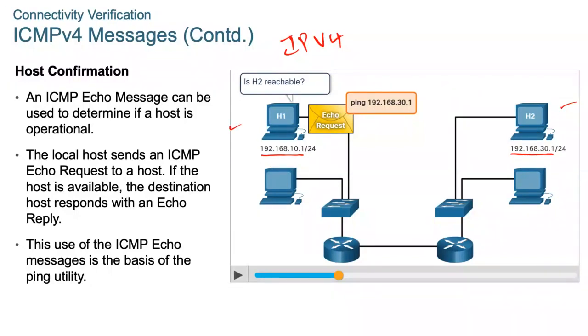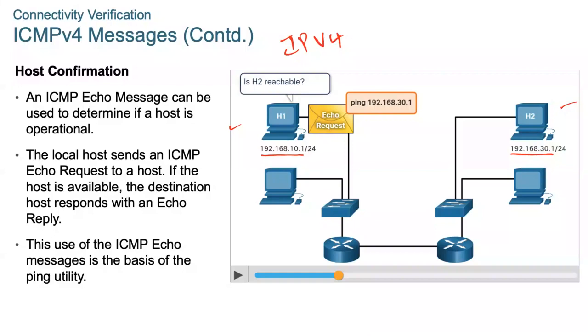How to identify whether both host 1 and host 2 are in the same network or in a different network? How do we identify that?